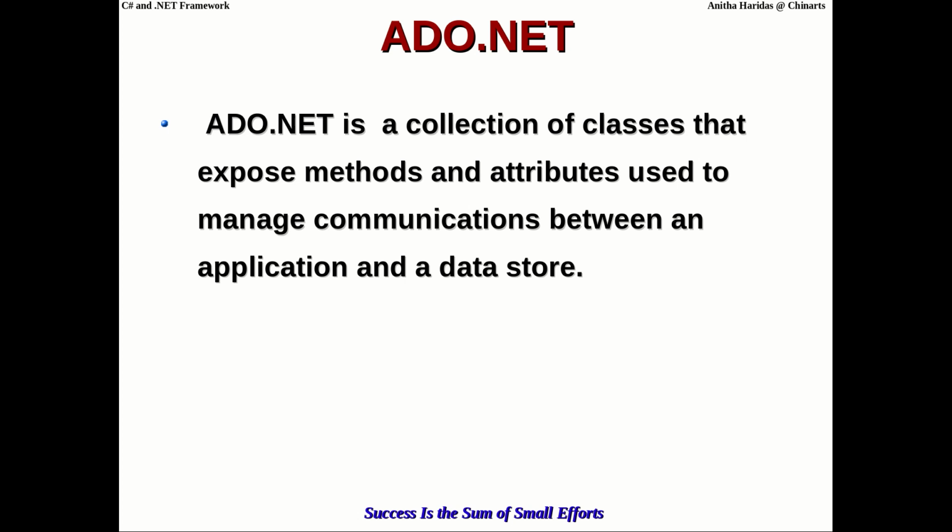All these classes have their own methods and properties. In the same way, ADO.NET also has a set of classes. All these classes have methods and attributes, and these methods and attributes are used for what? They are used for managing the communication between an application and a data source.